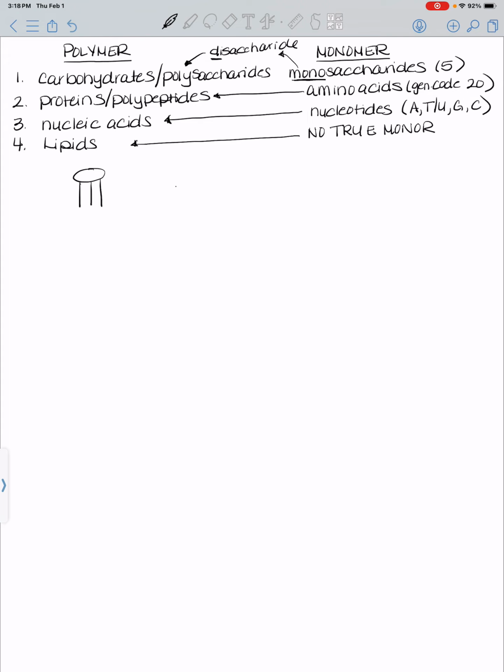And then we looked at cholesterol, which is also considered a lipid. It's a very rigid structure, and I'm not sure if this is its exact structure, but I know it's a 4-ring structure. So this would be cholesterol, and this would be a triglyceride. Both of these are lipids.